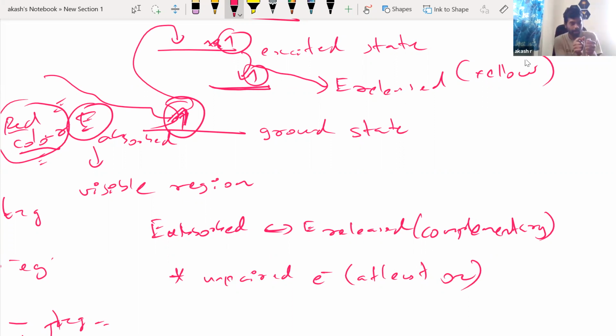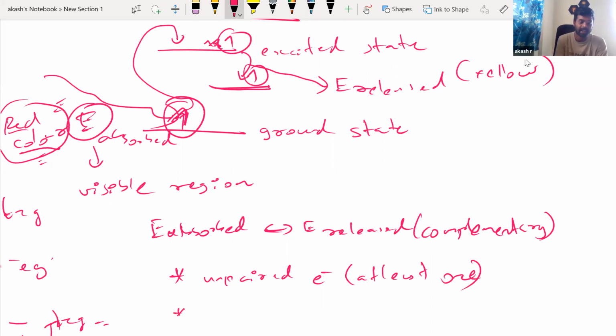See, if at all I have a paired electron, first you have to dissociate them, then only it can undergo the transition, that is lower energy to higher energy. But if I have an unpaired electron, it's very easy. So one very important condition is that we need to have unpaired electrons present for the compound to have any color.